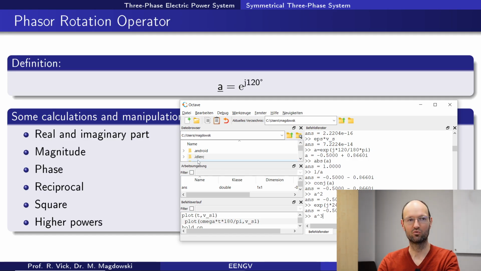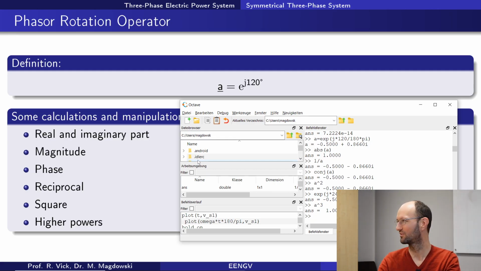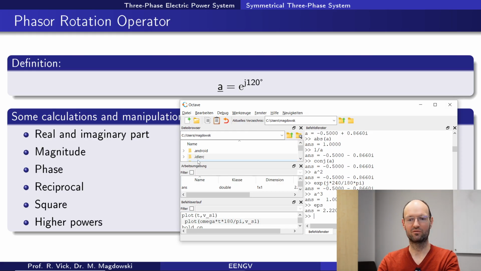We should go to the point where we started and we get 1. We don't get exactly 1, right? We once again have this very small thing that is inside the range of the accuracy of our computer here. And a to the power of 4 should be the same as a again, and this also makes sense.